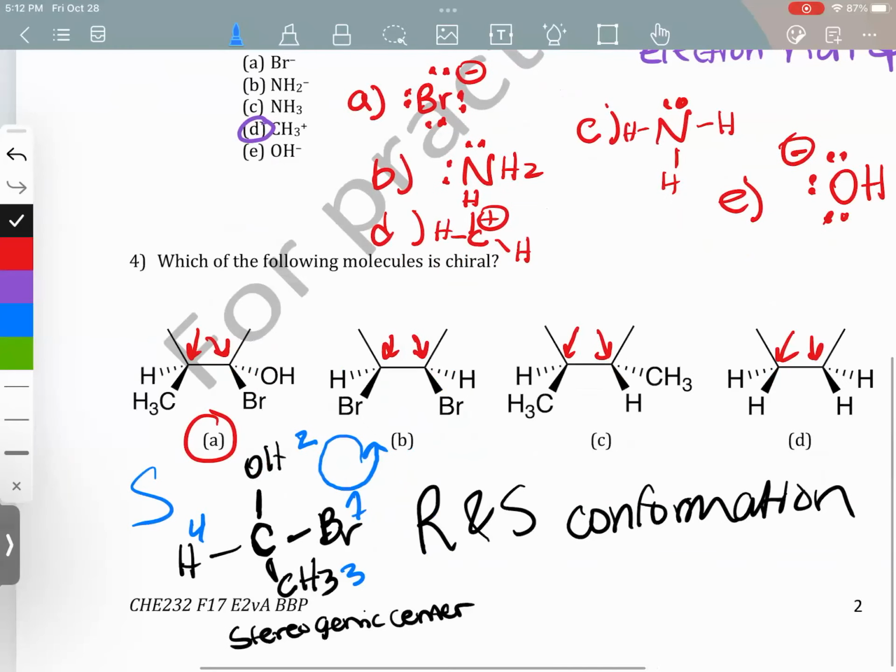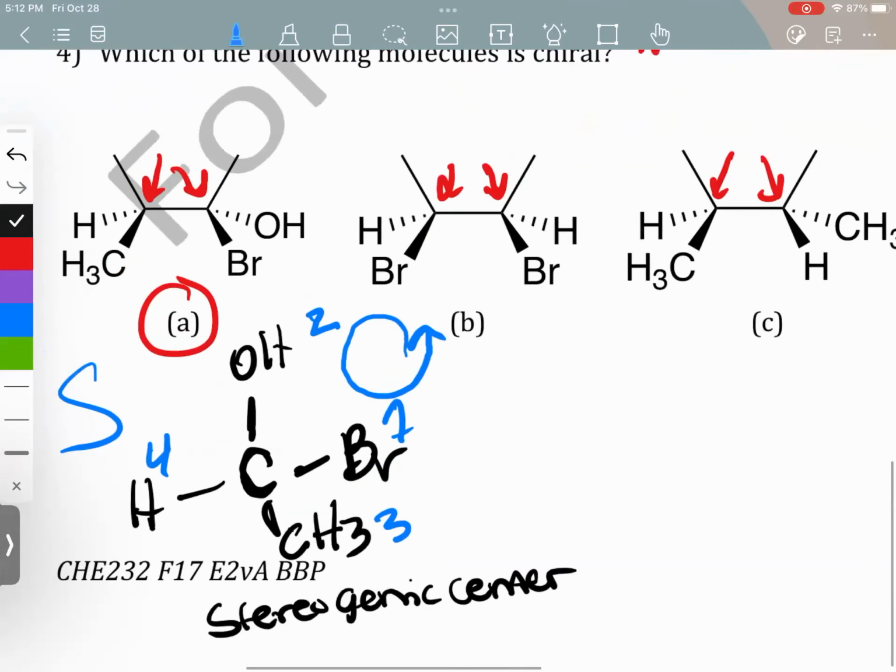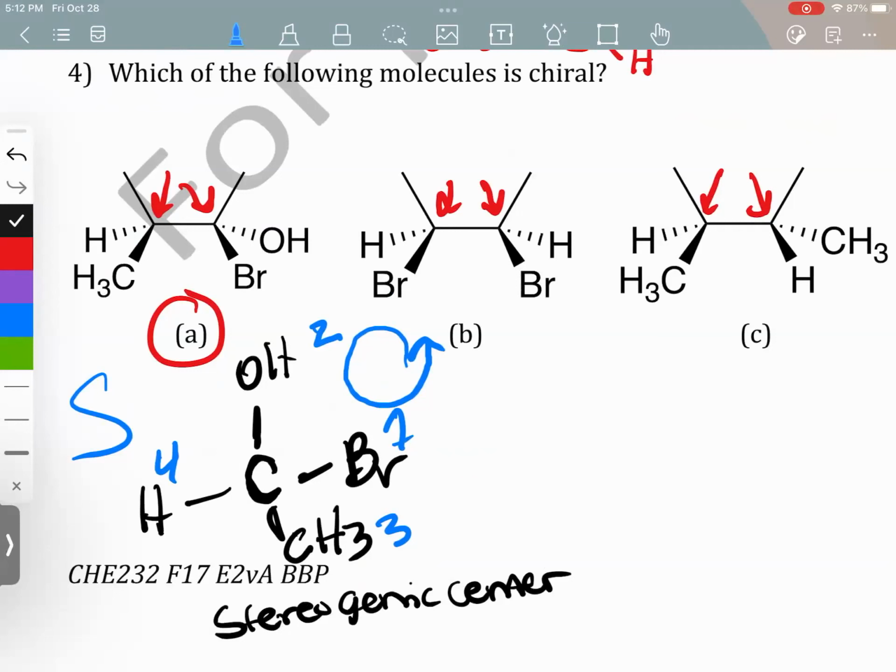It's chiral because with stereogenic centers, the kind of conformation you come up with to understand their stereochemistry is called R and S. The way we do that is we give the groups priority based on the periodic table, like atom size or electronegativity. You use those trends to help you with priority.